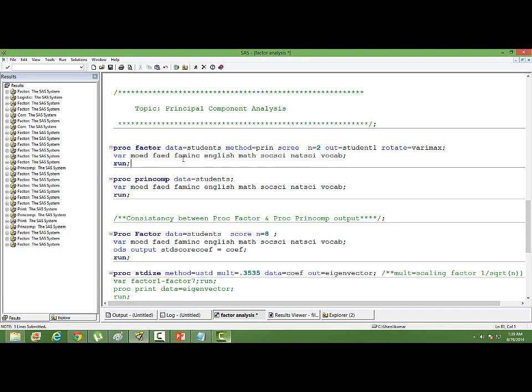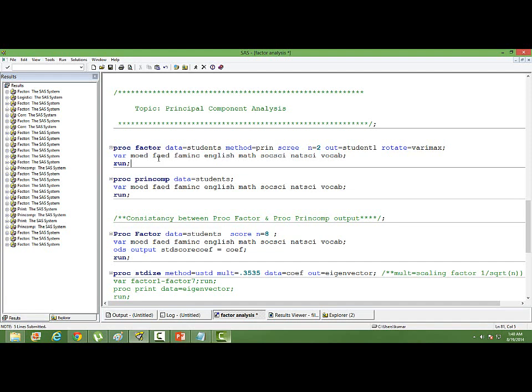Well, in proc factor the estimation happens in such a way that it maximizes the total variance. And these input variables are actually standardized.